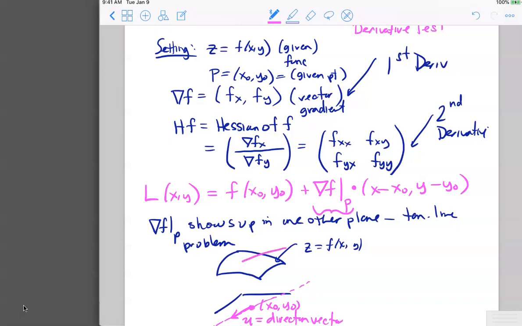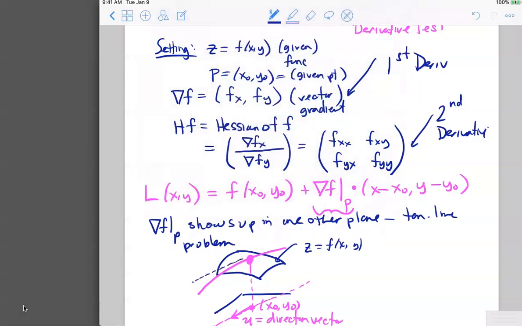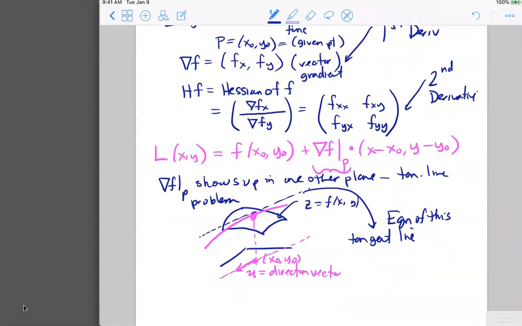You could then create this curve on a surface, and at this same point right here, we could create something called the tangent line. And the equation of this tangent line is L as a function of t.